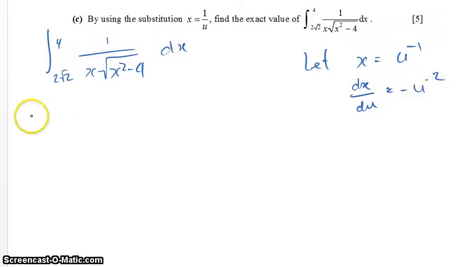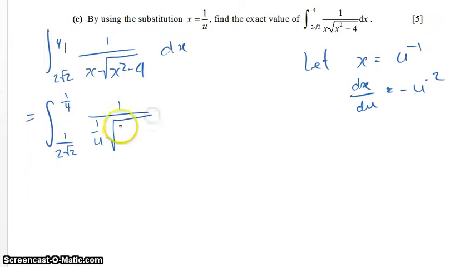So this is the same thing as... Now remember, we also need to change the bounds. So this becomes from 1 over 2 root 2 to 1 over 4 of 1 over x squared replaced with 1 over u squared, times the square root of 1 over u whole thing squared minus 4, times dx by du.